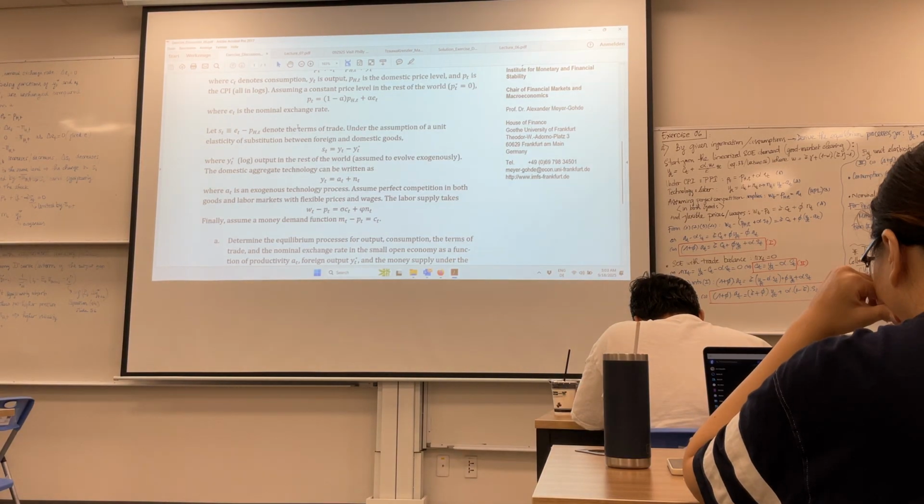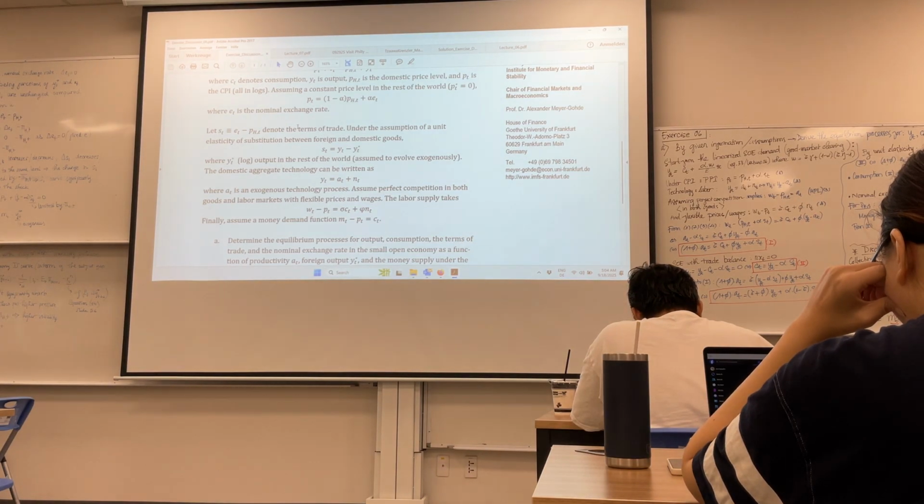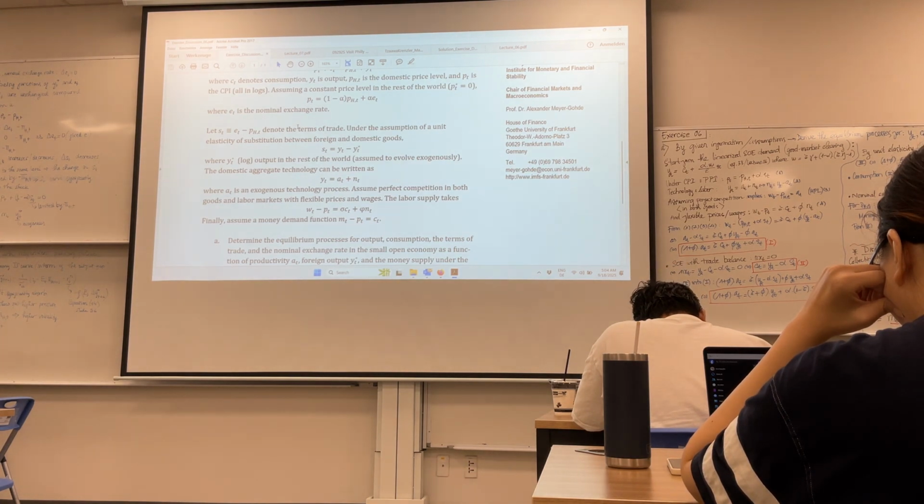This decreases then, the minus sign from this goes up, but now output also goes up. So the increase in the terms of trade is going to be larger.